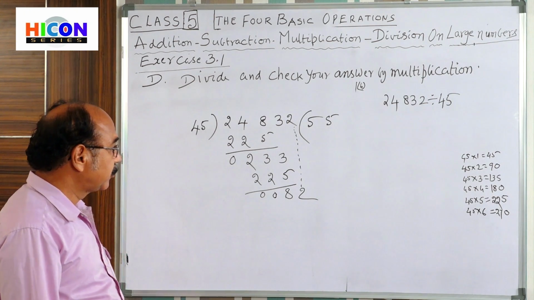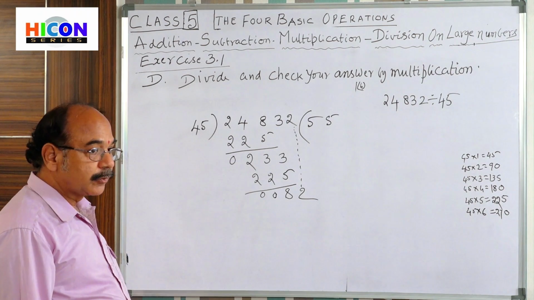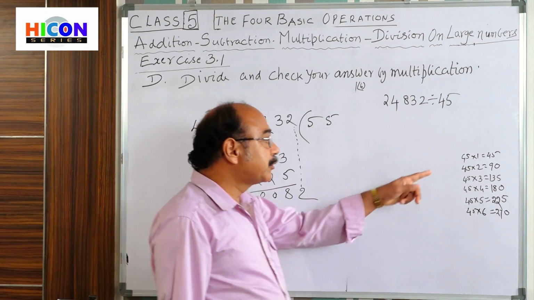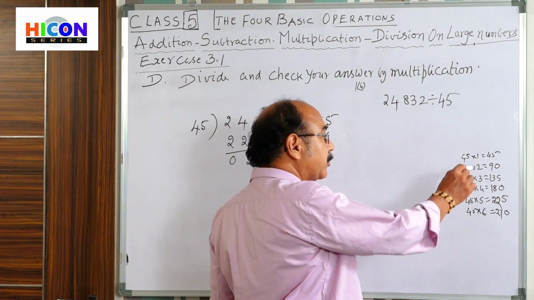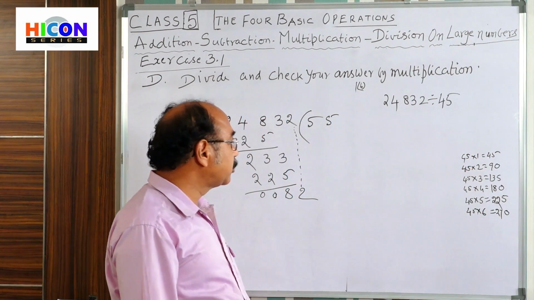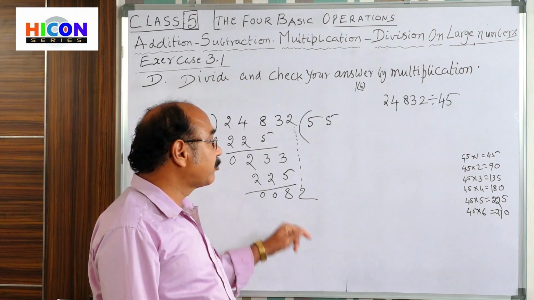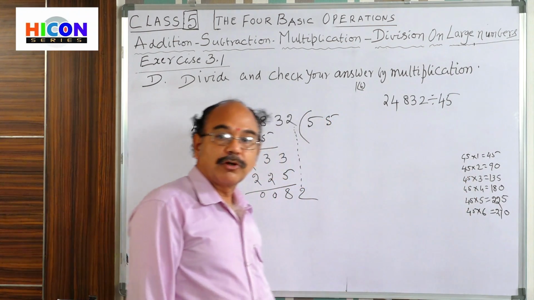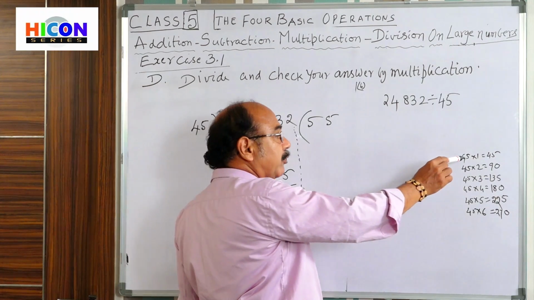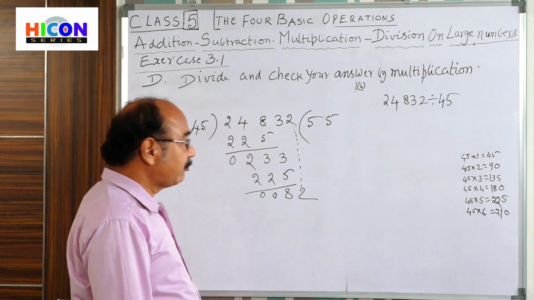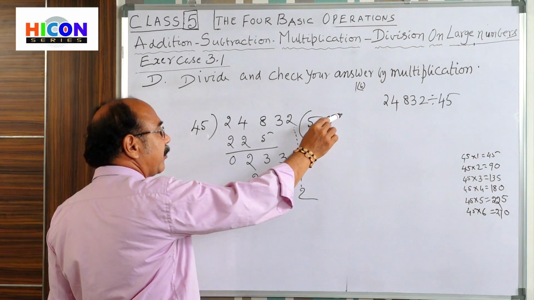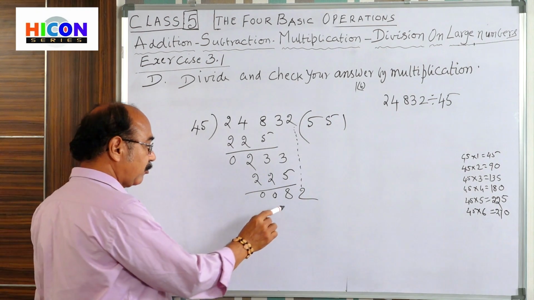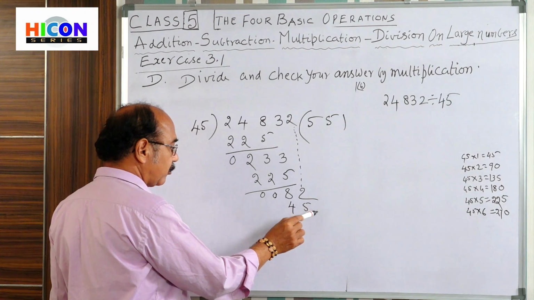How many times? 2 times means 90, but 90 is bigger than 82. So 2 times is no chance. So we take only 1 time. 45 ones are 45. So we write 1 here.